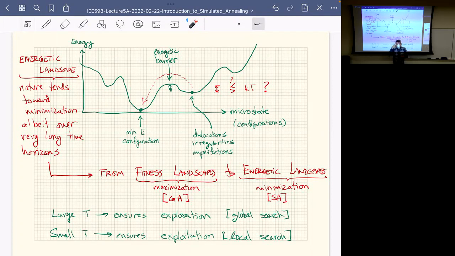So if I cool it down slowly, then there's a high chance that I'm going to catch it in this valley. It might sometimes be over here, but it'll be over here more often. And if I catch it in this valley and keep cooling it, then it won't ever have enough energy to get out of the valley, and then it'll naturally go to its minimum energy configuration. So that's the idea behind annealing, physical annealing.